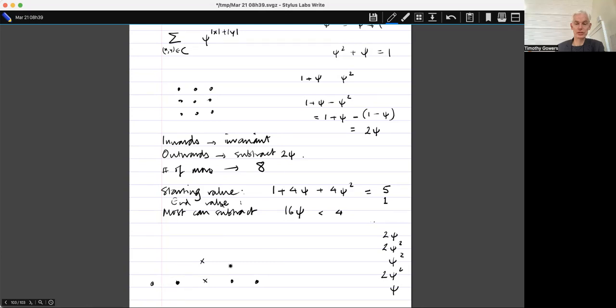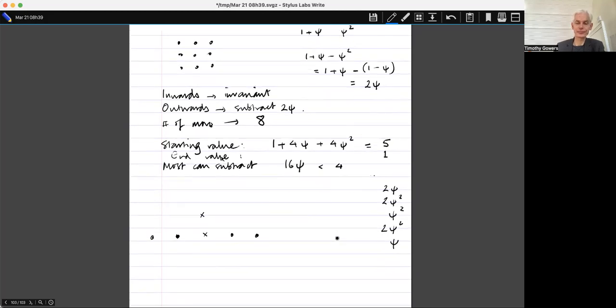And so how much have I subtracted so far? 5 psi squared plus 3 psi, which is getting dangerously close to, which equals, so psi squared plus psi is 1, so 5 squared plus 5 psi is 5, so that's 5 minus 2 psi.